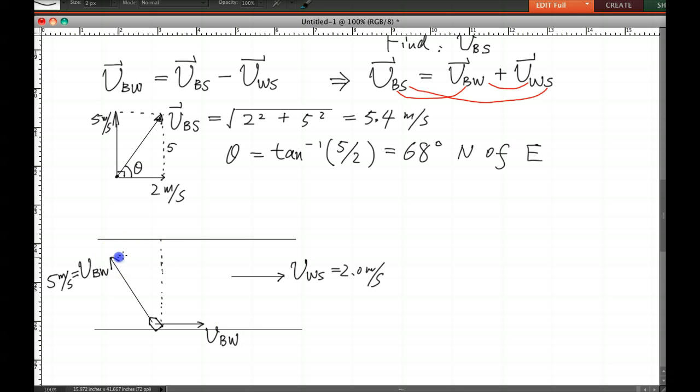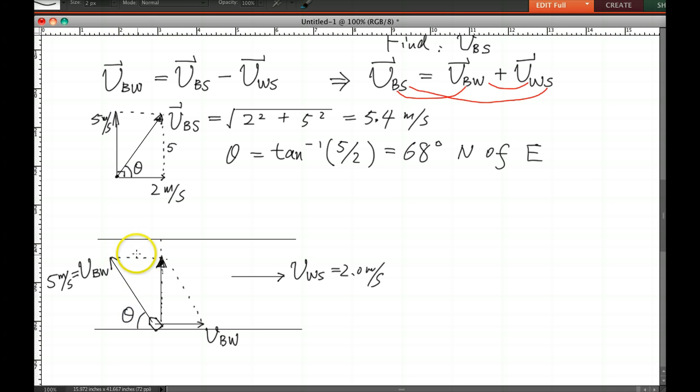And then this time we really have to construct a parallelogram. It's not a rectangle anymore, right? Because the angle between these two vectors is now not 90 degrees. And then you can see that's exactly your resultant. So then you end up going this way. And then the angle here, the angle theta.